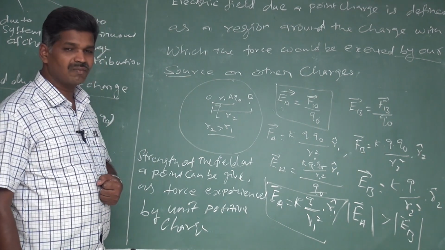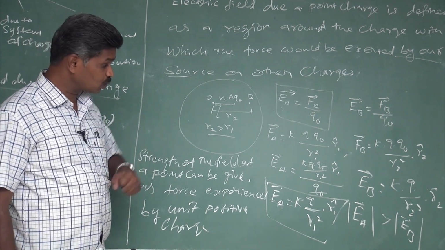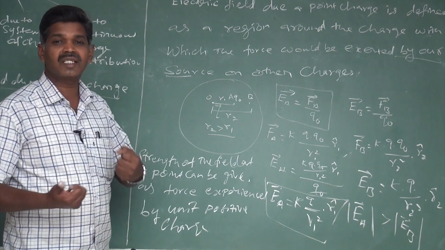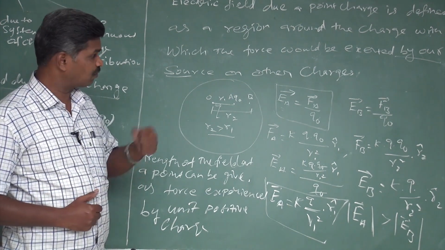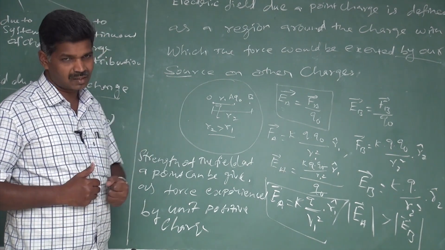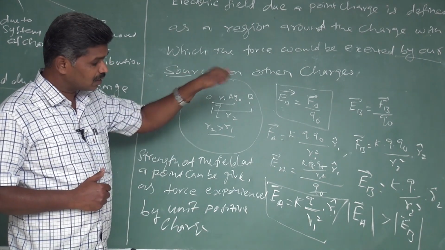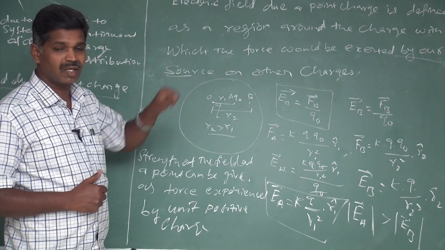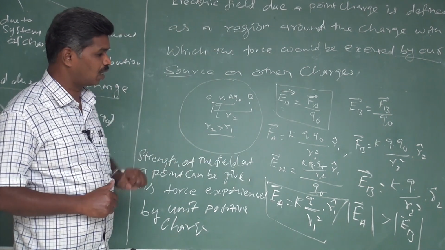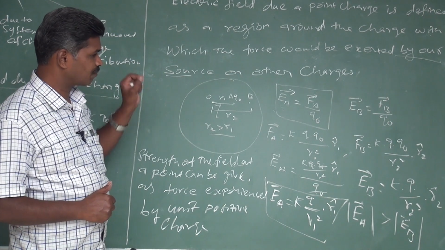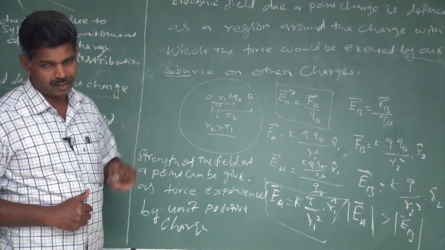Also, near a given charge the field strength is more, and at a far point the field strength is less, because based on Coulomb's law we take that force value and substitute it in our formula.